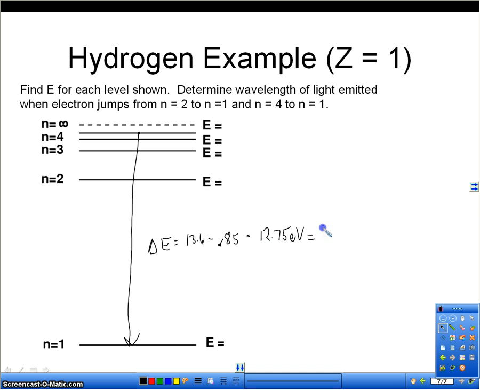And then I can set that equal to hc over lambda, the same as I did before. So that's 4.13 times 10 to the minus 15. The c value is 3 times 10 to the 8th still. And there's my wavelength. So I can solve for this wavelength of light that would be given off.